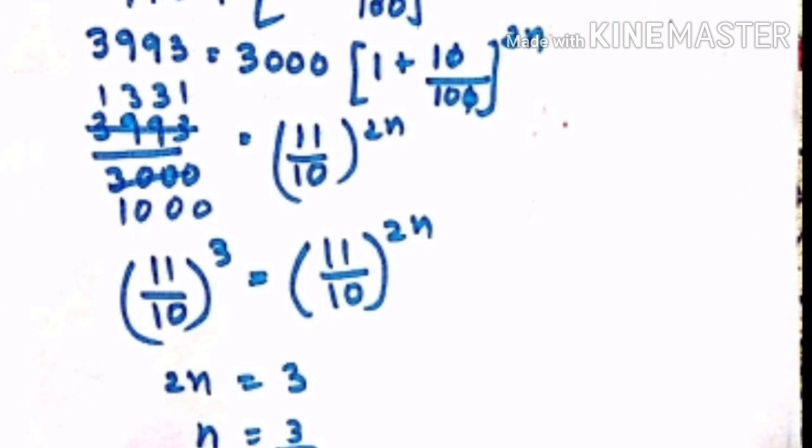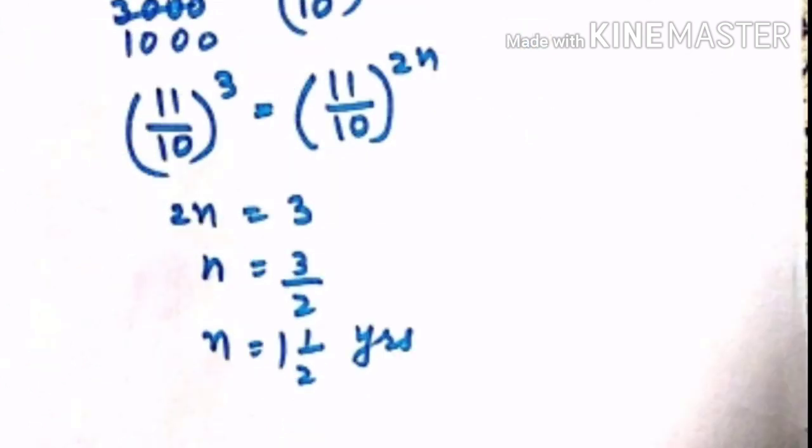And 1331 is 11's cube and 1000 is 10's cube. So 11 by 10 whole cube is equal to 11 by 10 power 2n. Now again you can see I have to compare the powers. Why? Because the bases are similar, we can compare the powers. So here 2n is equal to 3.